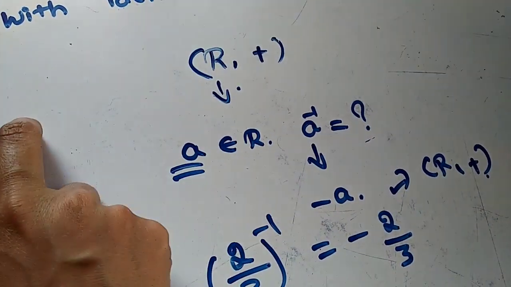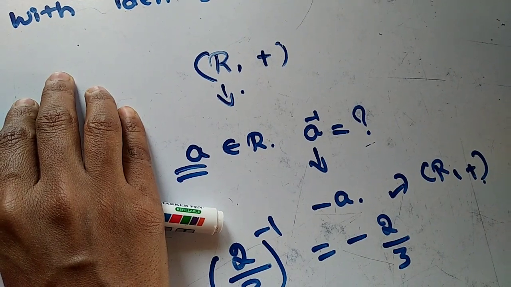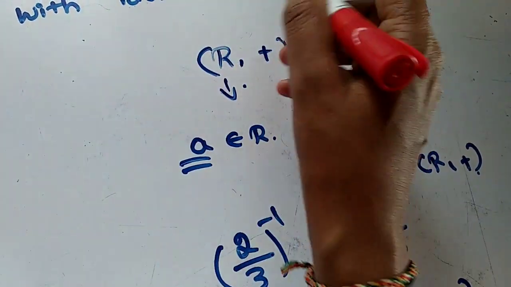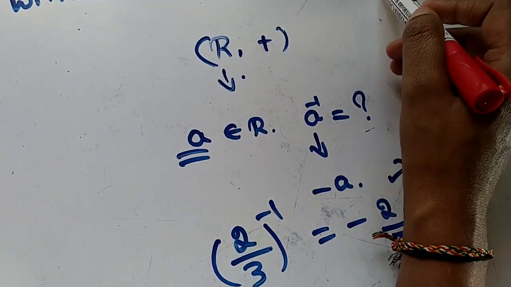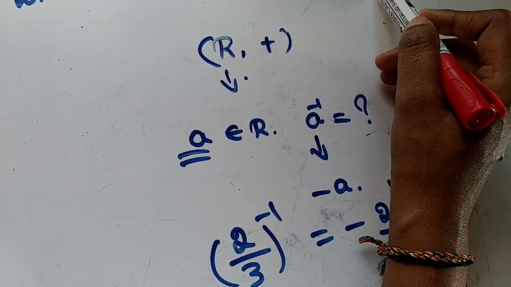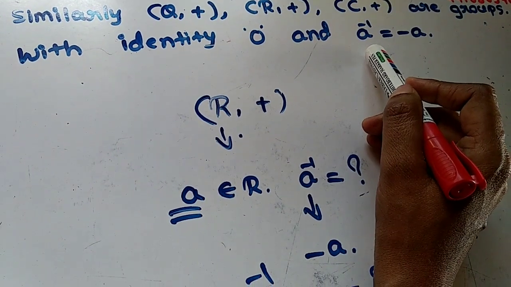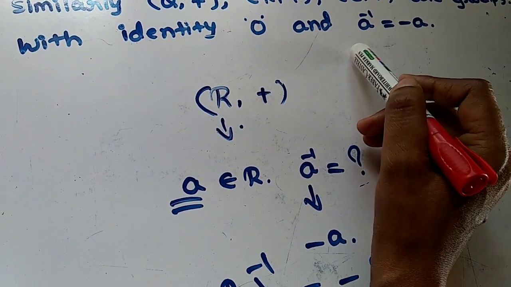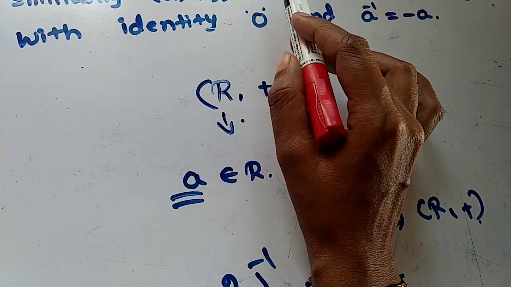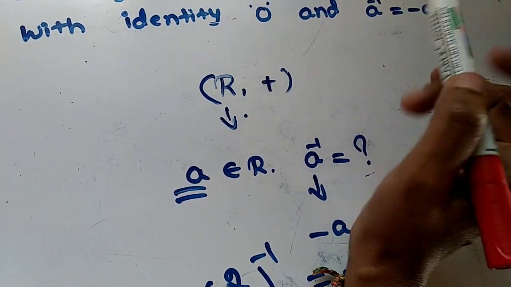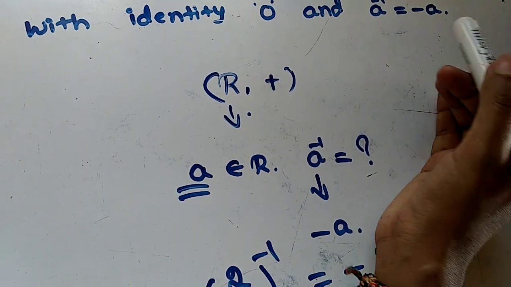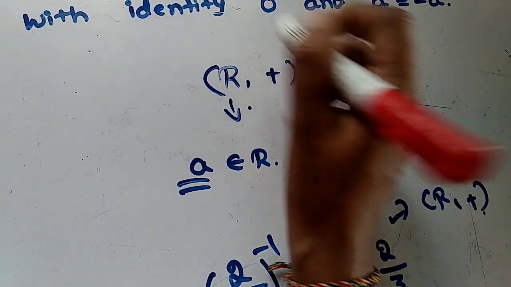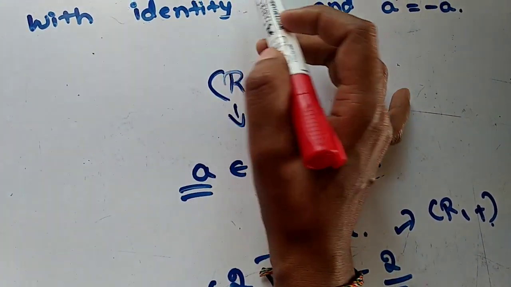You have to know the basic things, like what is the identity and what is the inverse. In BSc and MSc they ask for finding whether the given structure is a group or not. But for competitive exams, you have to know what is the identity and what is the inverse. Okay, so now with the addition we are done.